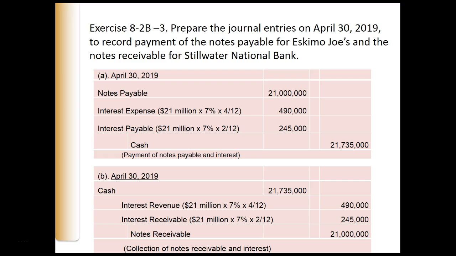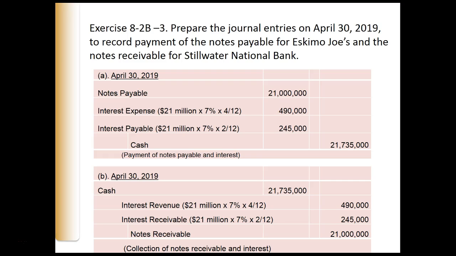So we have to show the $21 million at 7% times 4 months out of 12 months, which gives us the $490,000. The interest payable that we recorded in the previous journal entry that we credited, we're now debiting it because we're paying it off with a credit to cash of $21,735,000.